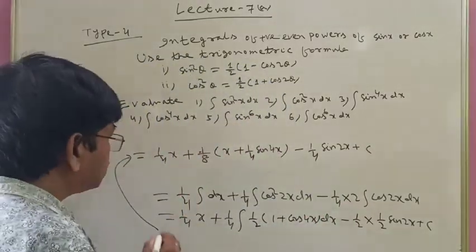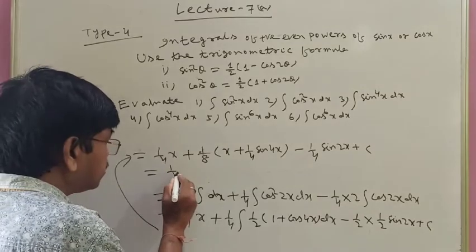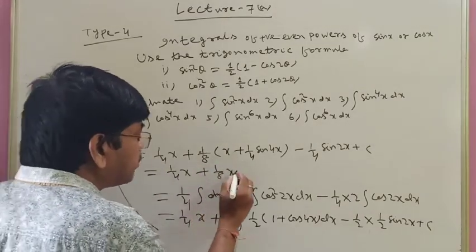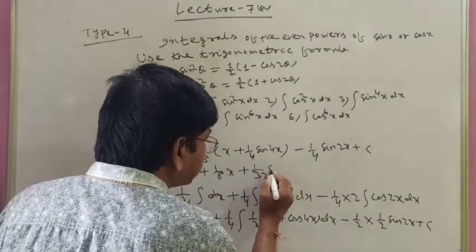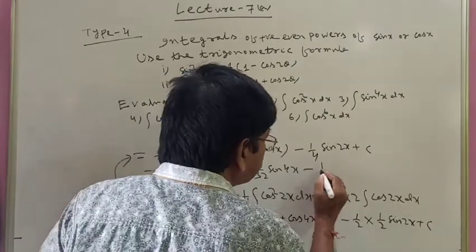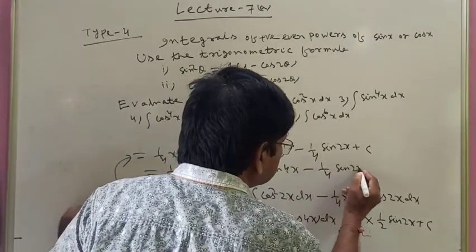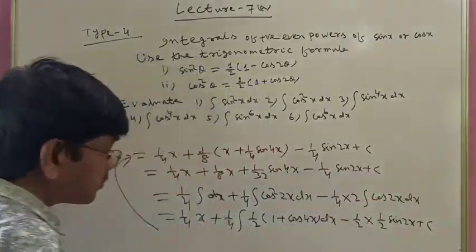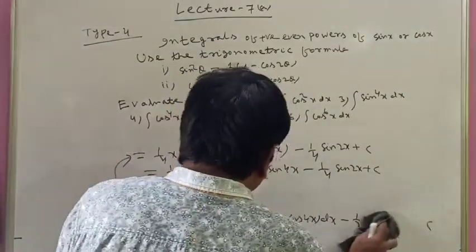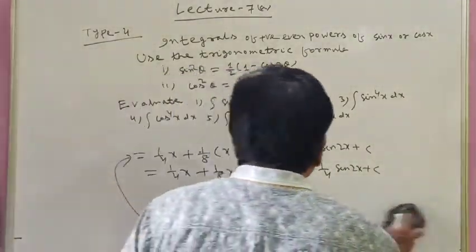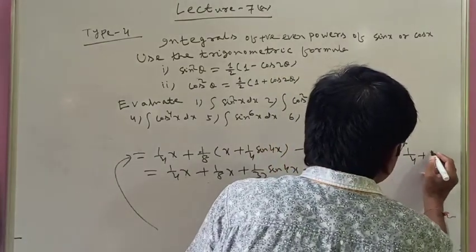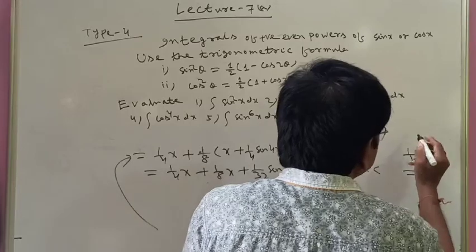Or you can multiply this and simplify further: 1 by 4x, this is 1 by 8x, and 1 by 8 into 1 by 4 is 1 by 32 sin 4x. Then this is minus 1 by 4 sin 2x plus a constant c. Now 1 by 4x plus 1 by 8x are like terms and can be added. Let us add 1 by 4 plus 1 by 8.